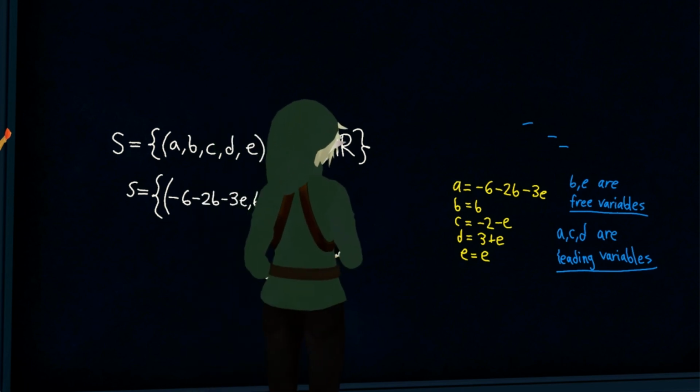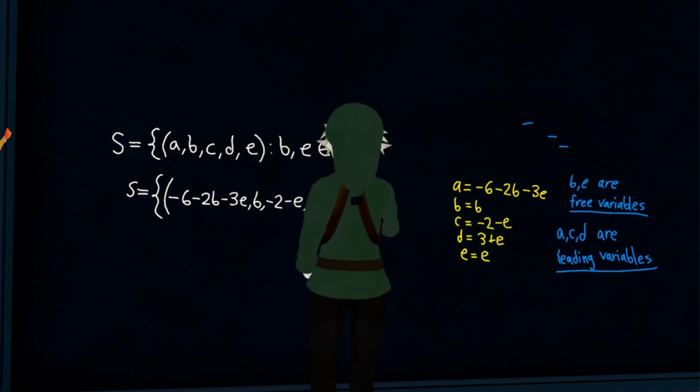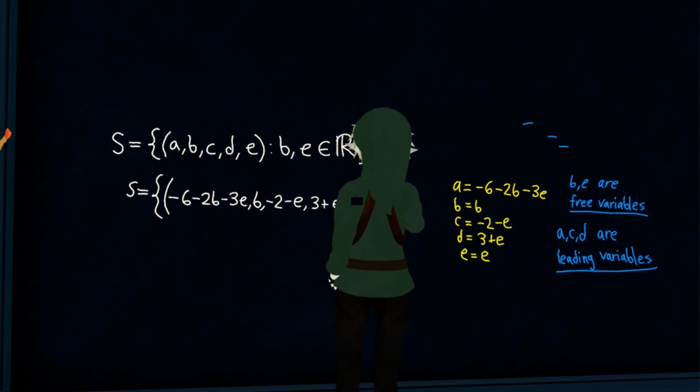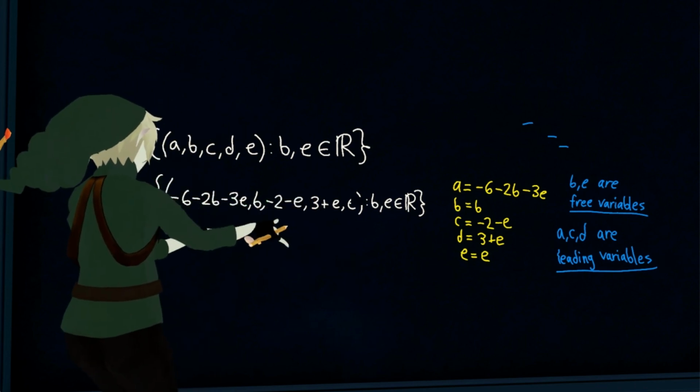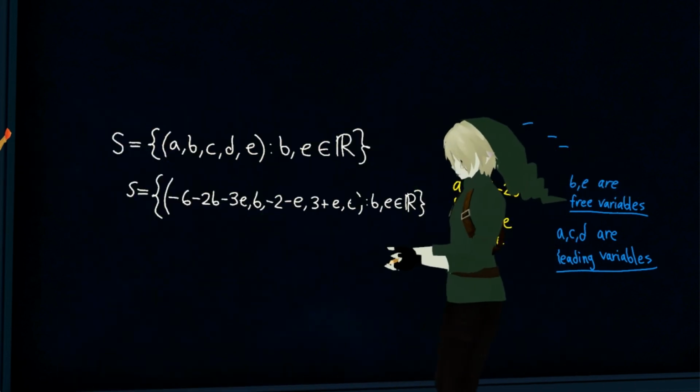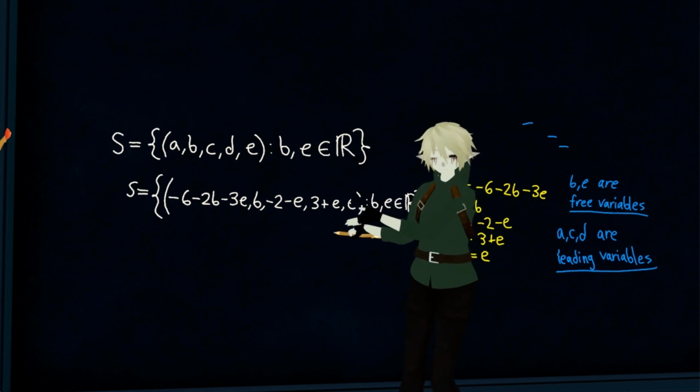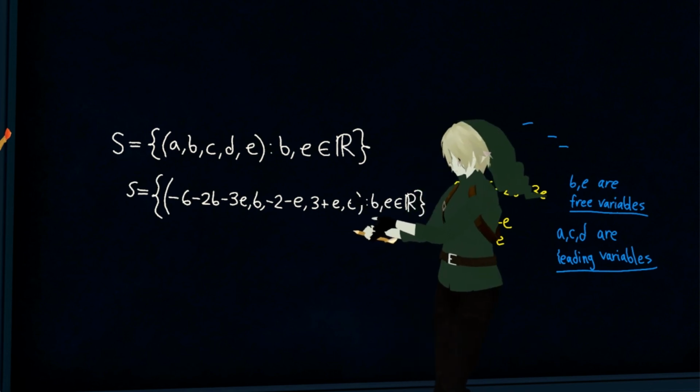And then E is just E itself, where B and E can be any real number. Could be any number. And there we go. We have this very, very long monstrosity answer. Okay. We have our answer like this.